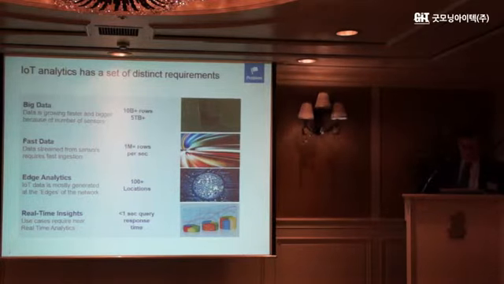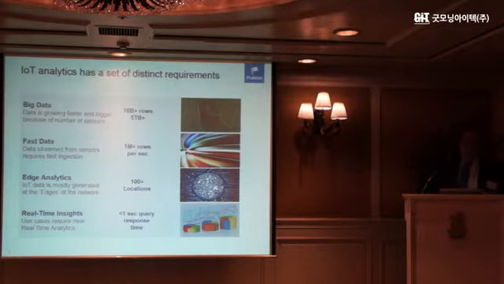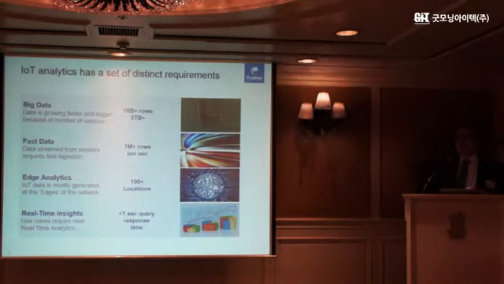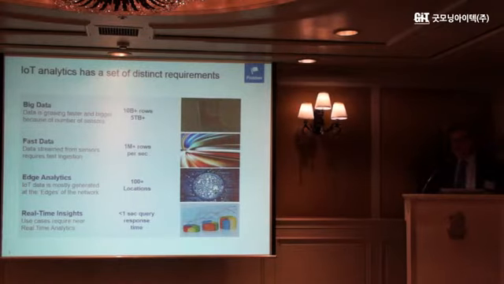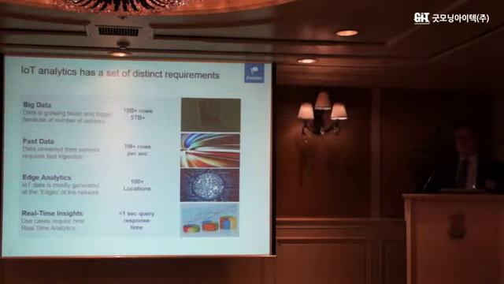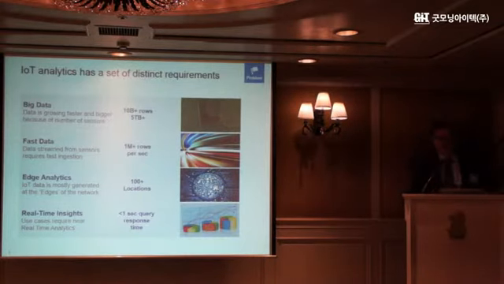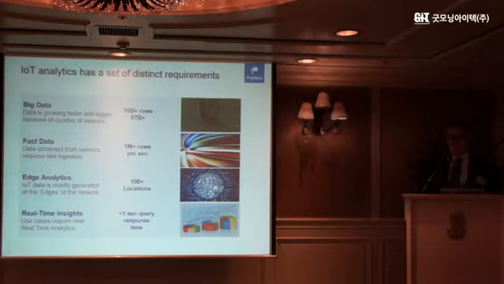And then the third thing, which is quite important, is that you not only provide analytics in a central data processing center. You have to have the capability to do analytics also at the edge, at the device, so in the plant, in the car. That's quite important.